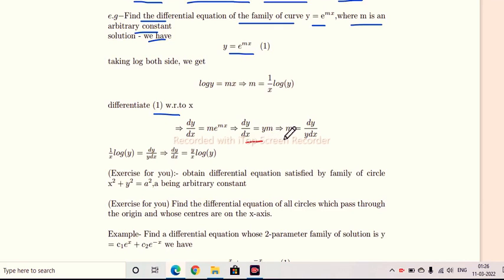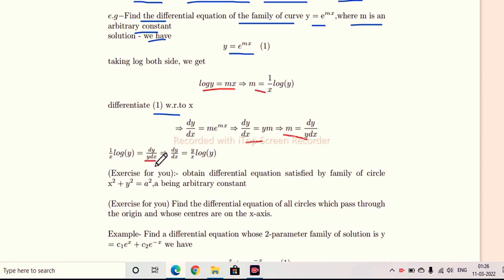Now this can be written as m equal to (dy by dx) divided by y, dividing by y. And if we take log on both sides, we find m equal to (1 by x) log y.